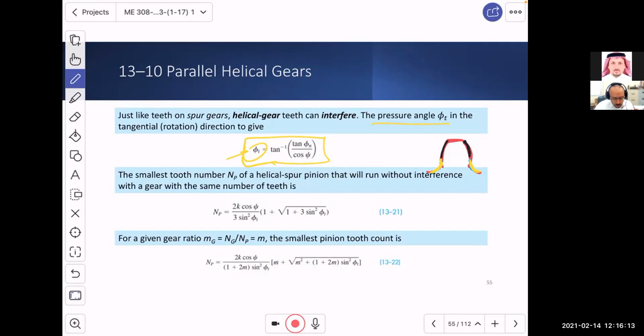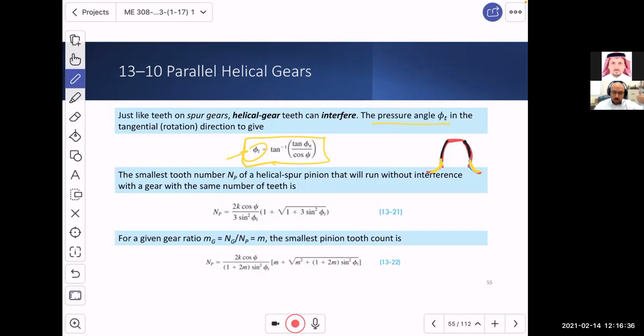Okay, now just for the sake of analogy, if you were to make a table and put the first column for spur gear and the second column for the helical gear, you will see that with respect to interference, we have exactly the same kind of steps.